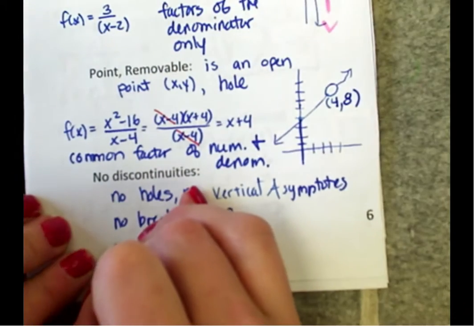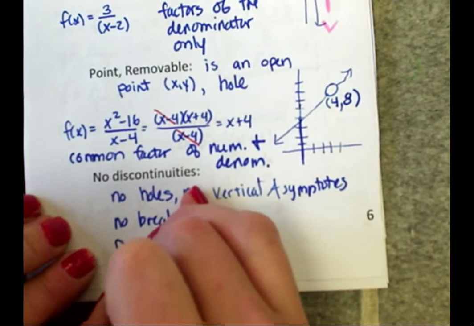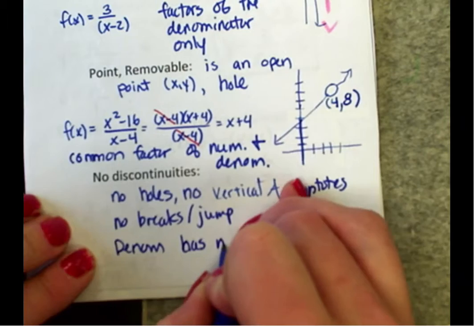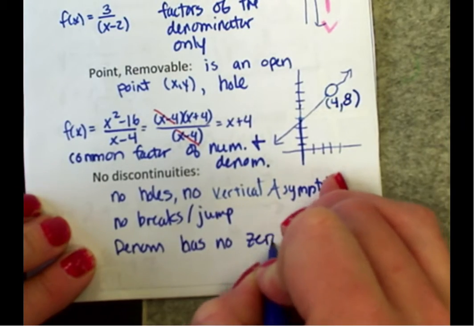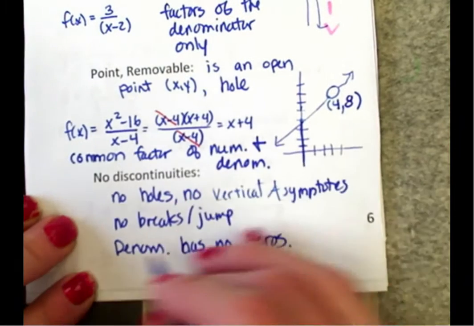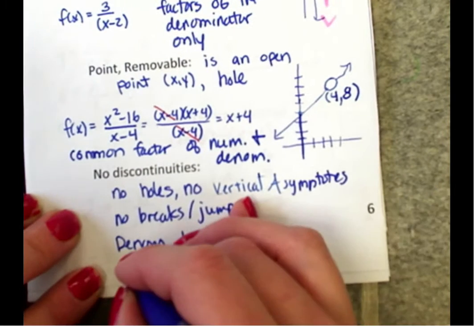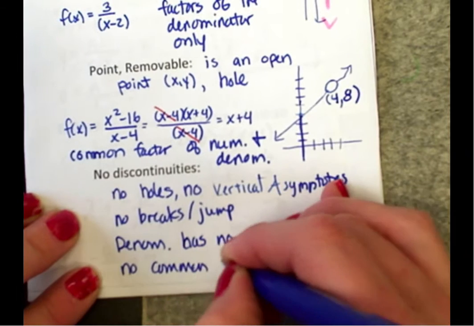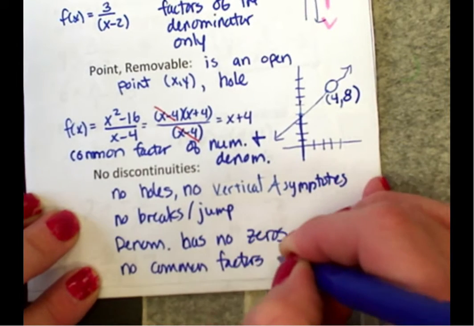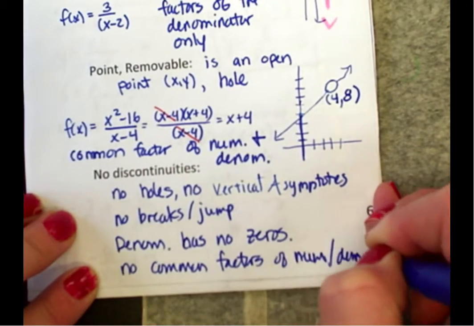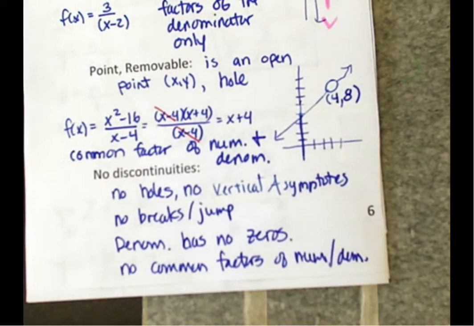Okay? Means the denominator has no zeros, and no common factors of numerator and denominator. So we basically just said there's no vertical asymptote, right?